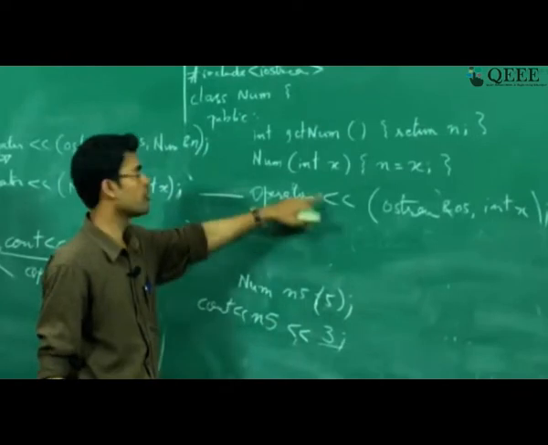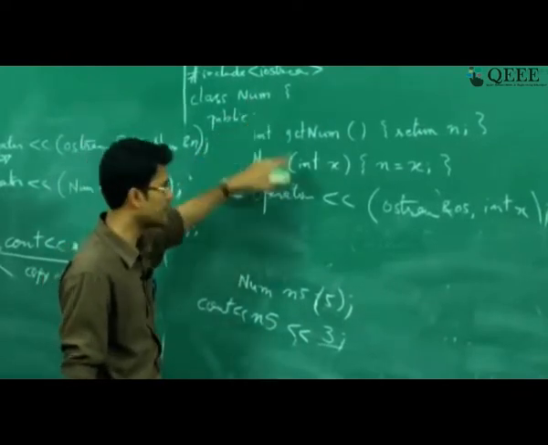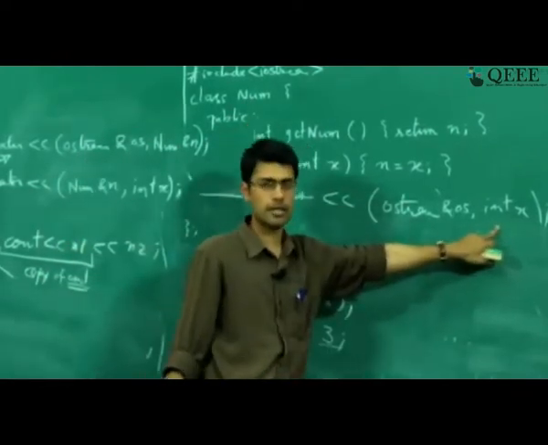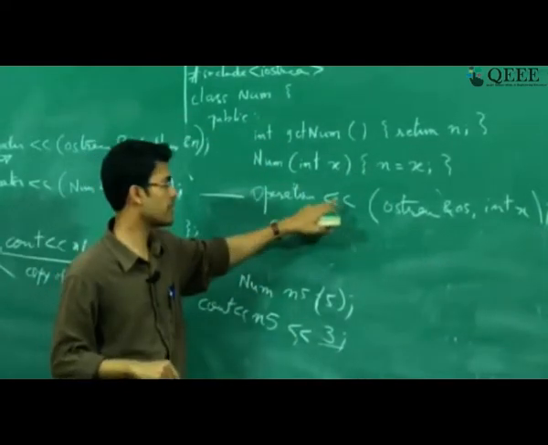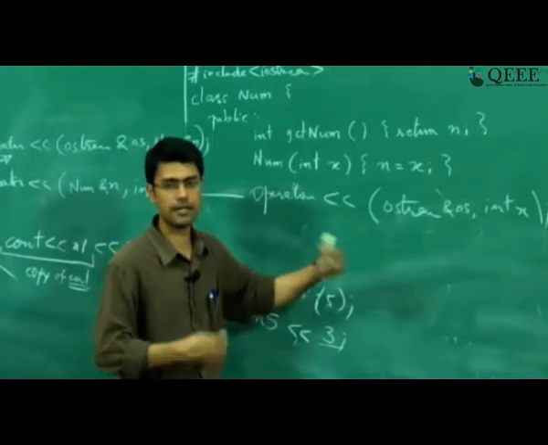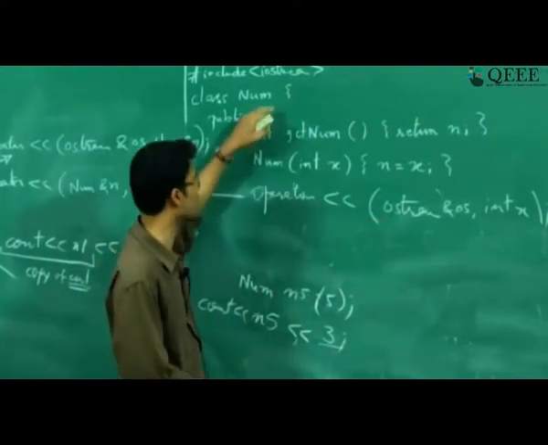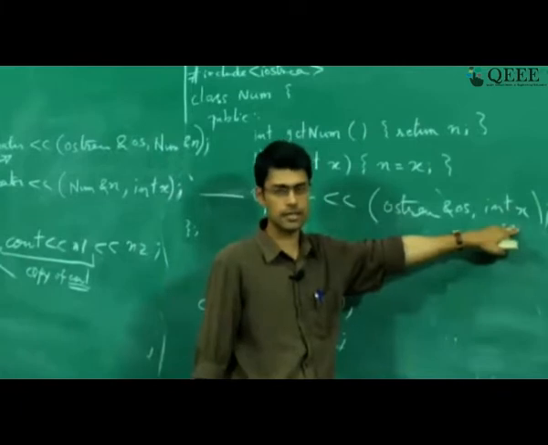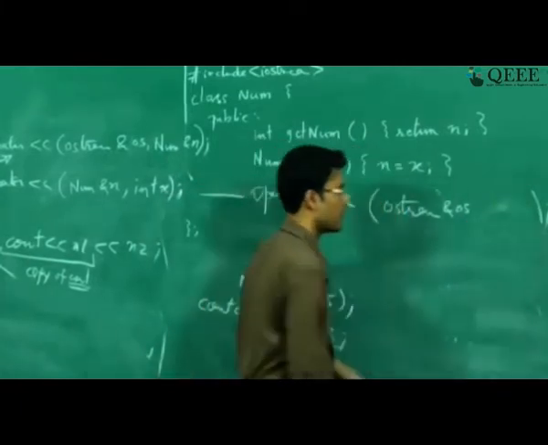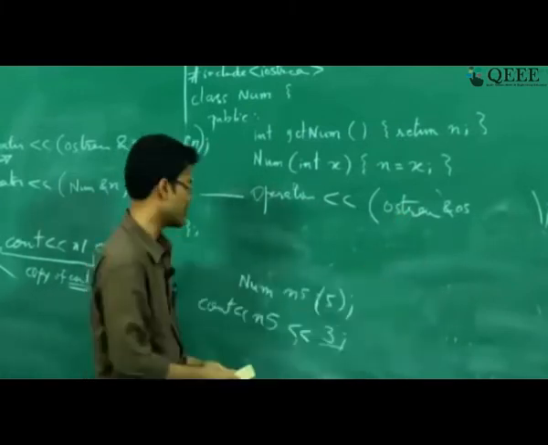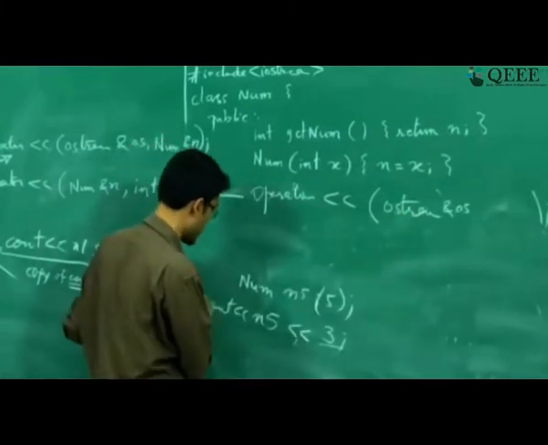There is an implicit argument of type num, and then there are two more arguments. The operator is binary, the arity cannot be changed, and therefore this cannot be considered a ternary operator. So you cannot have 3 arguments, 1 implicit and 2 explicit. This is going to result in a compile time error. If you just give this, essentially that means that you support a functionality like this.